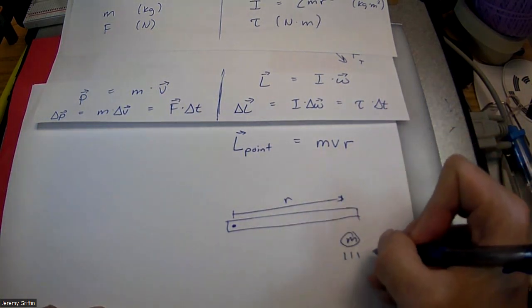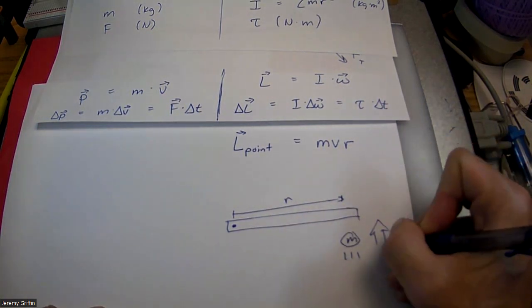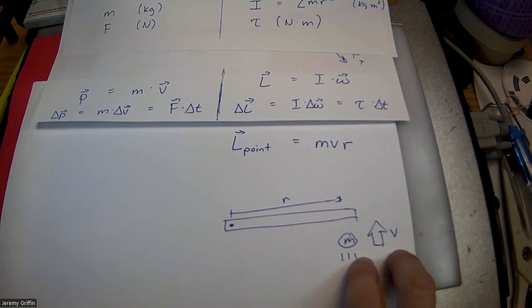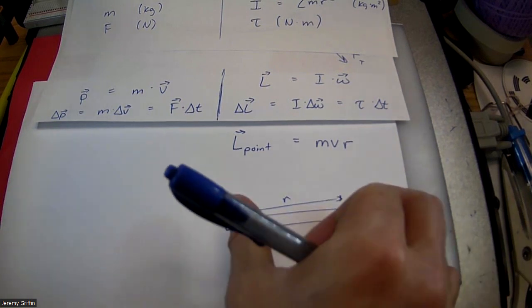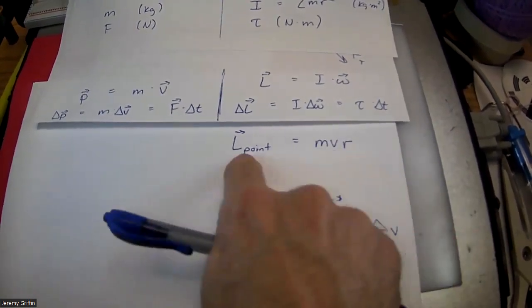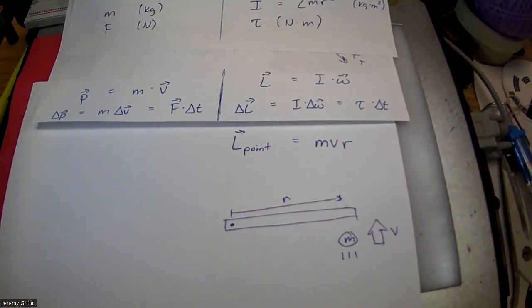Of course, it's flying at some speed, so we label it v, velocity. Mass times velocity would just be the pure linear momentum. But if you multiply it by this radial distance from the pivot point, wouldn't that represent this right here? You guys see that?